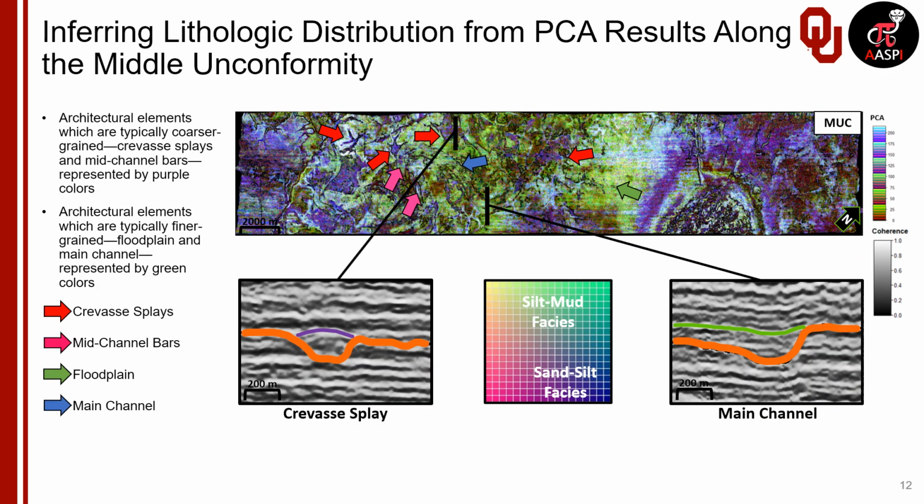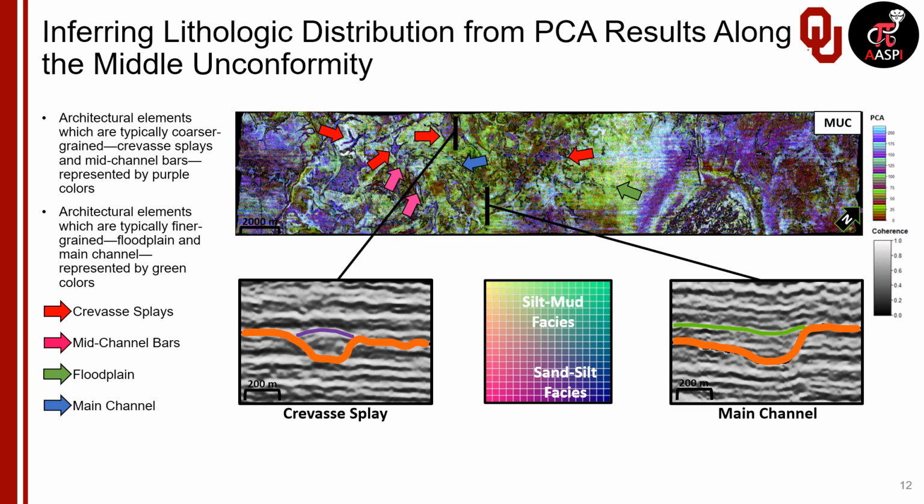If we focus on the middle unconformity for a few seconds, we can start to tie some of the features that we see in that PCA analysis. We can look at them in cross-section to give us a little more lithologic information. In this case, I've got a crevasse splay, and we can see that typical mounding we would have if we've got more sand fill or sand facies in that channel.